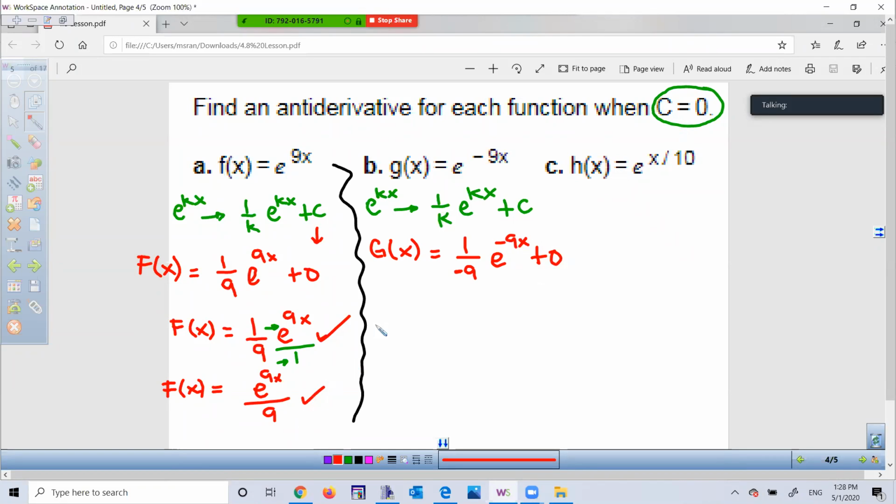So this, the best way you can write this: what's a positive 1 divided by a negative 9? A positive divided by a negative is a negative, which makes the entire fraction negative. I would write the negative at the very center of the fraction. That shows that you divided the signs. Times e raised to the negative 9x, because you don't need the plus 0 part.